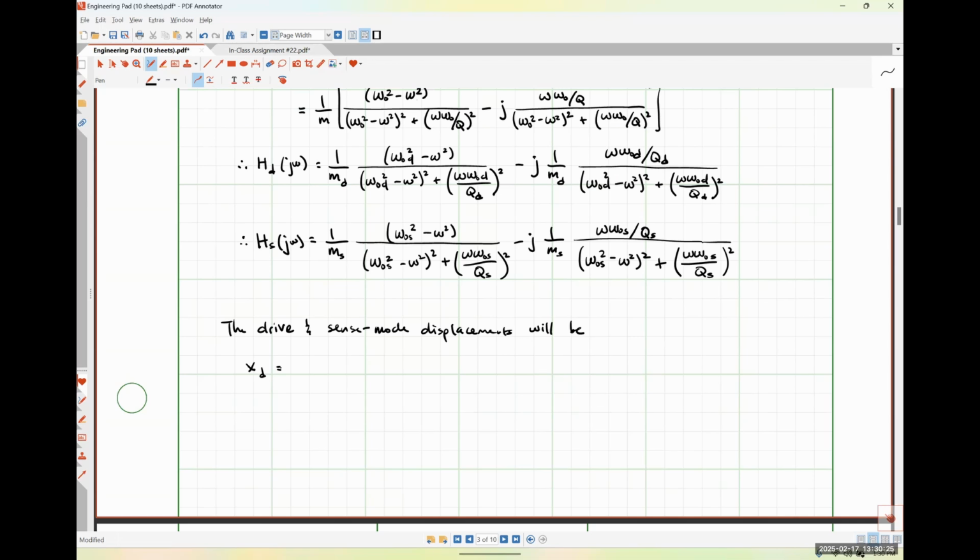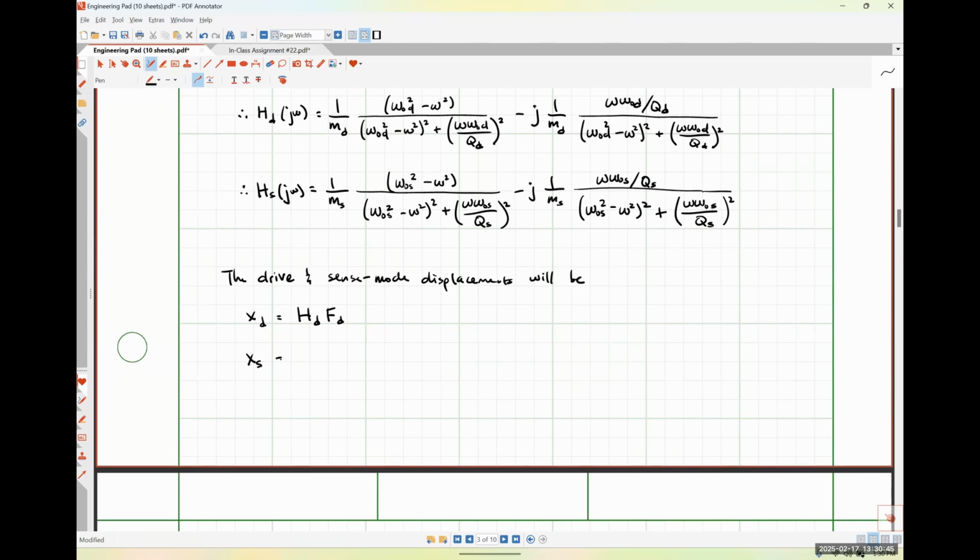Whatever direction our drive mode is actually in is what you would use here. It is just going to be our drive mode transfer function times our force in the drive mode direction.